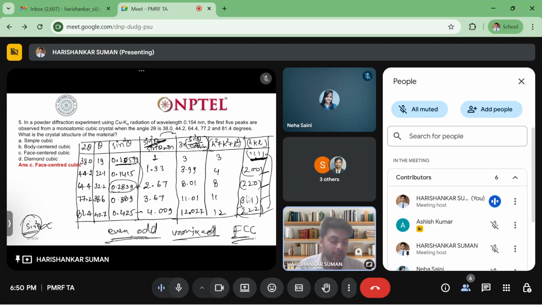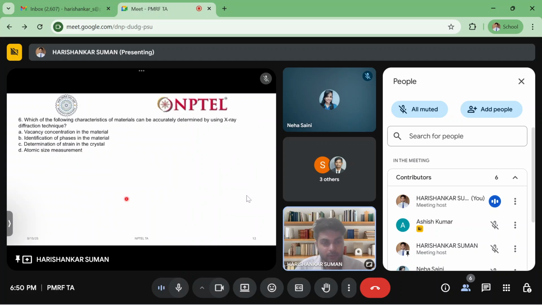Which of the following characteristics of the material can be accurately determined by using X-ray technique? These are the options. Sorry, the slide is not moving. Vacancy concentration in the material, identification of the phase in the material, determination of the strain in the crystal, atomic size measurement.